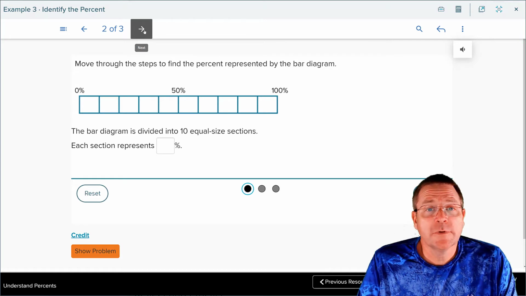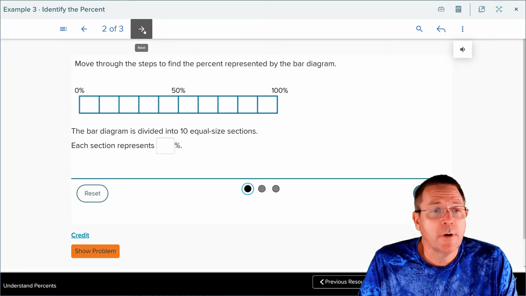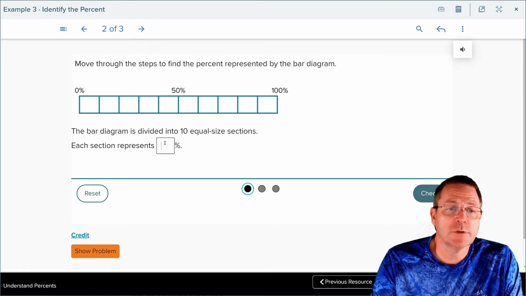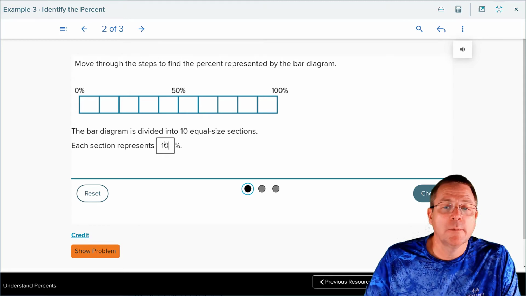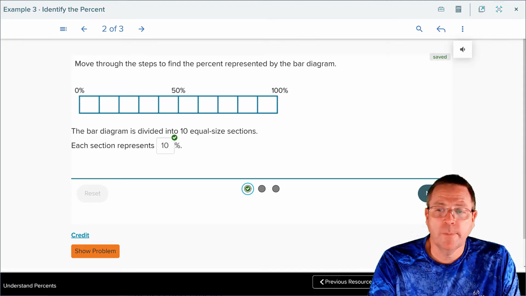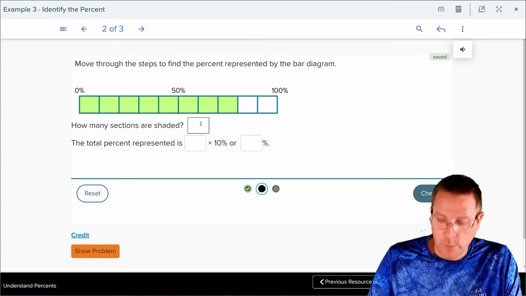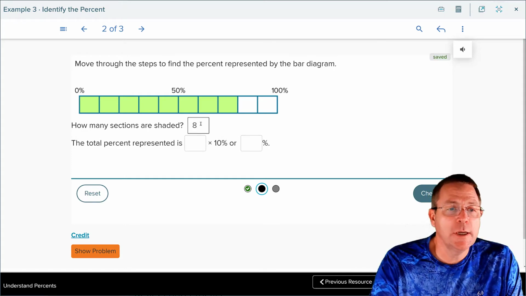Move through these steps to find the percent represented in the bar diagram. The bar diagram is divided into 10 equal sections. Each section represents, as we just said, 10%. Check our answer. That one checked. Next part, how many of them are shaded? Well, we just counted. There are 8 shaded.